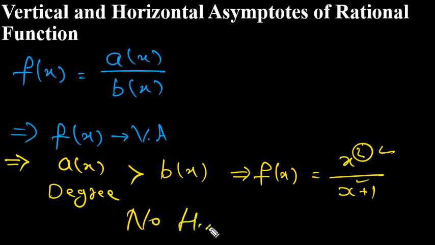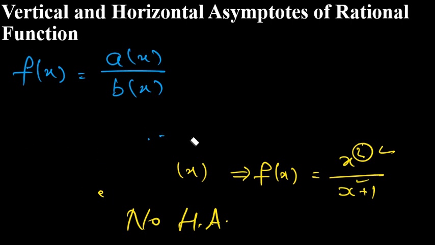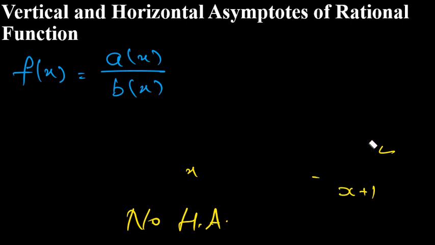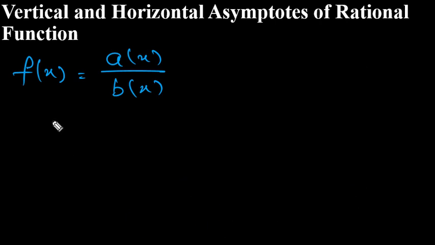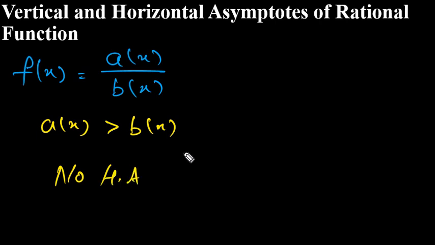No horizontal asymptote, right? So now you will be able to find out for functions where a of x has the highest degree, there will be no horizontal asymptote. So let me draw the table here. If the degree of a of x is more than the degree of b of x, then there is no horizontal asymptote.